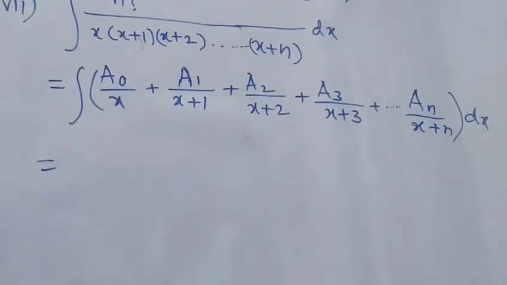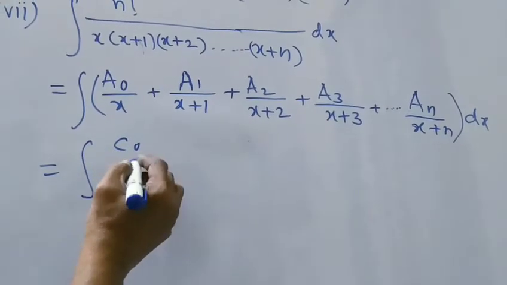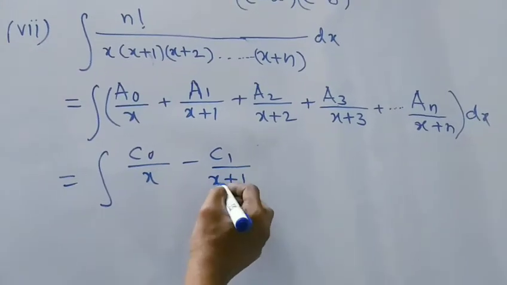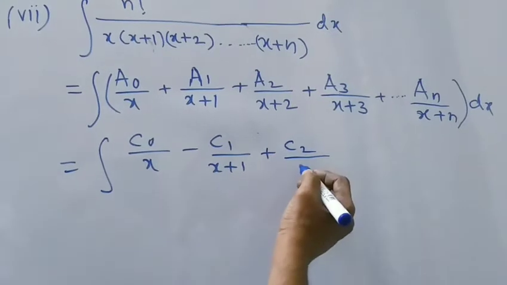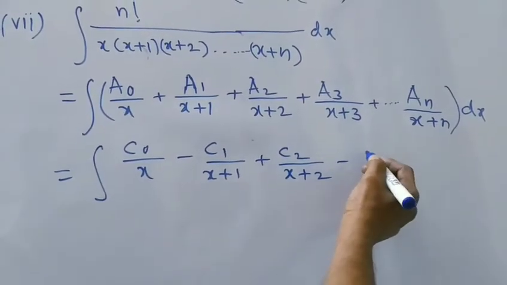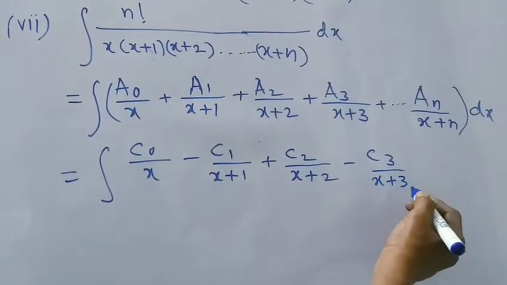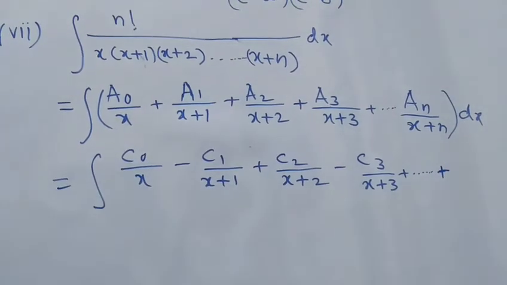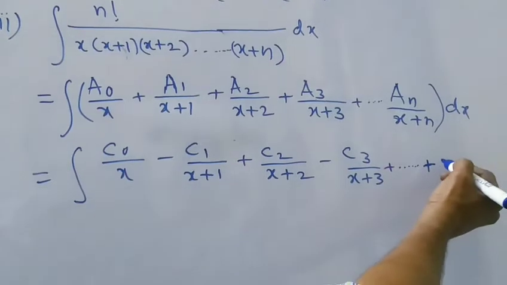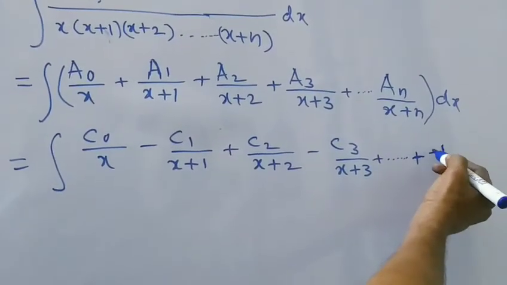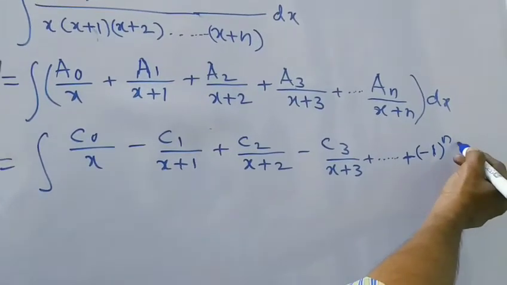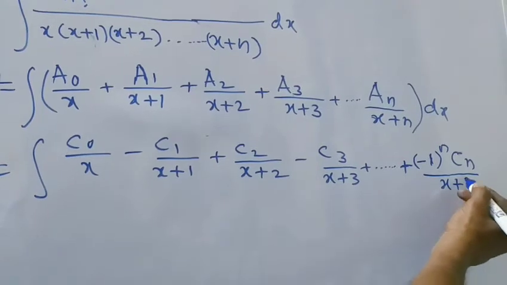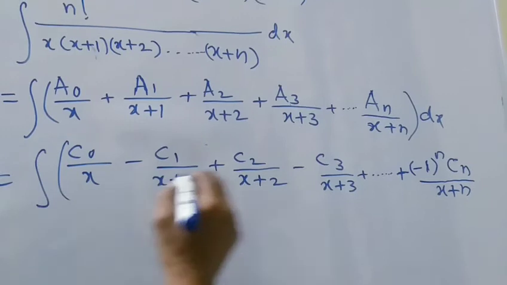This is equal to integral of c naught by x minus c1 by x plus 1 plus c2 by x plus 2 minus c3 by x plus 3 plus and so on plus minus 1 whole to the power of n Cn by x plus n, whole dx.